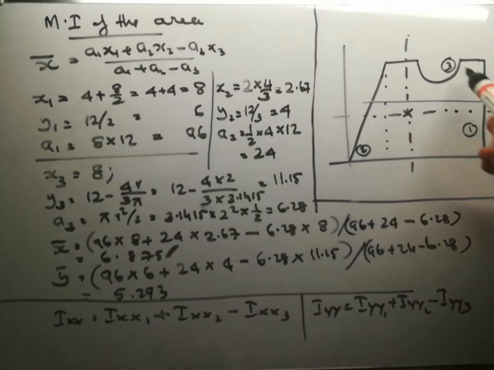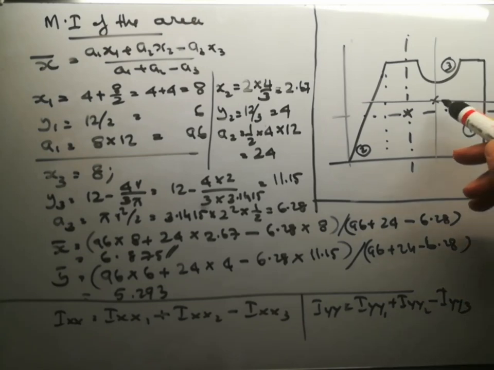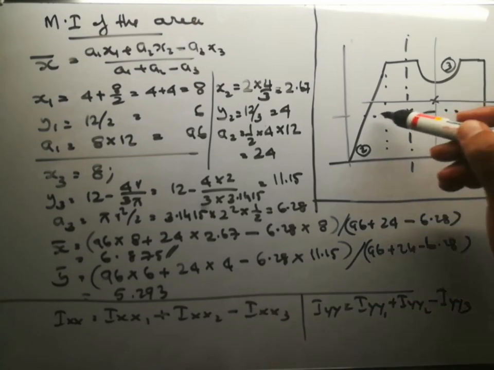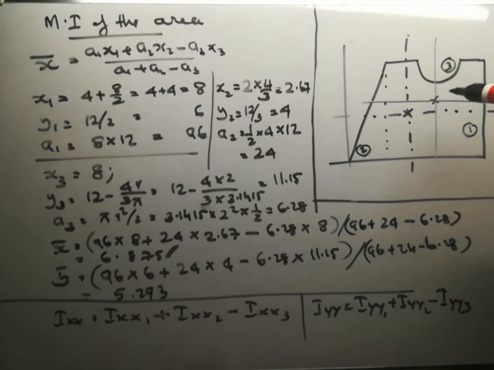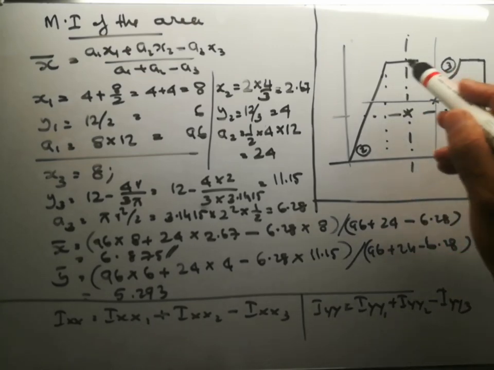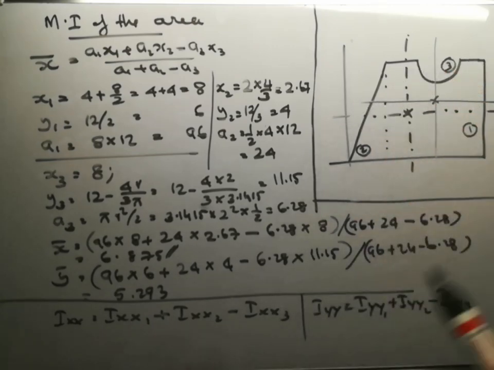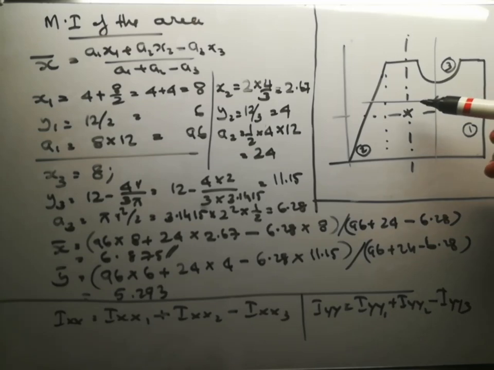So its centroidal axis is here, isn't it? So Ixx1, using the parallel axis theorem, is equal to Ig plus AH square, where Ig is the centroidal moment of inertia about the horizontal axis, and A is the area of the rectangle, into H square, where H is this vertical distance.